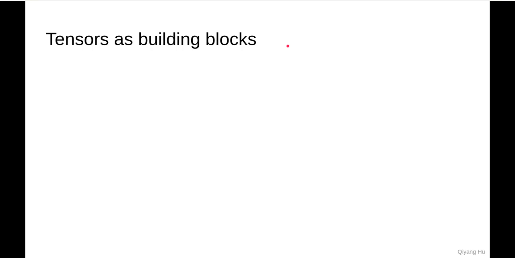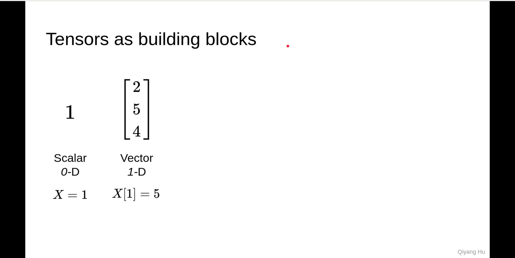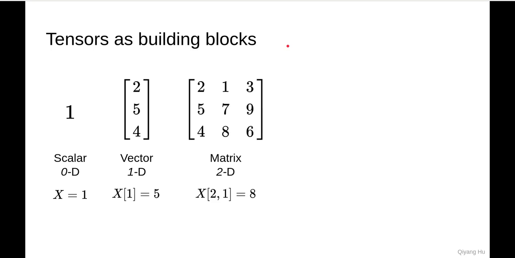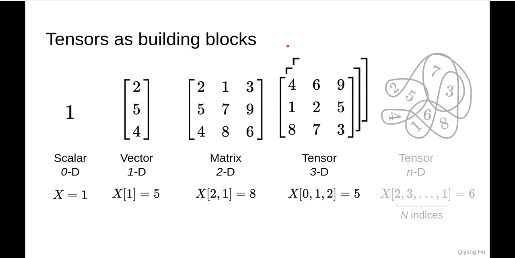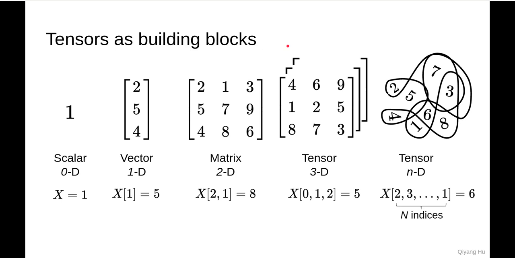And we say multi-dimensional. It means, let's say, in the 0 dimension, we got a scalar number, in 1 dimension, we got a vector, and in 2 dimensions, we got a matrix. For 3 dimensions, usually we call it a tensor. For the nth dimension, I don't know how to represent it in brackets, but we can understand it as the number of indices we have being the number of dimensions of the tensor.